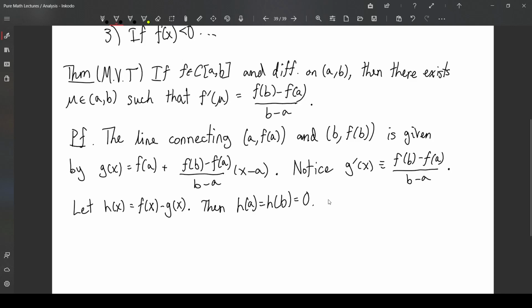So h of x, or I'll just say h, is also an element of CAB.